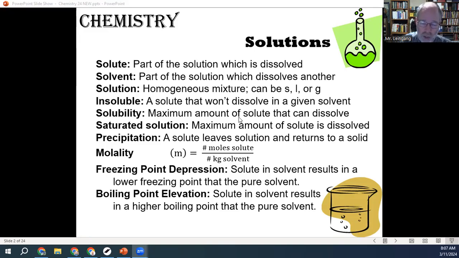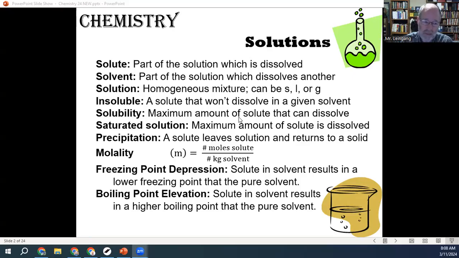That concentration could be in molarity, which was moles per liter. It could also be in molality, which is moles per kilogram. We like molality because it allows us to calculate how the freezing point or the boiling point changes when a solute is added to a solvent, creating a solution.